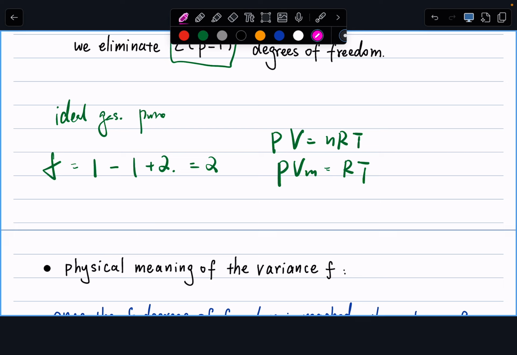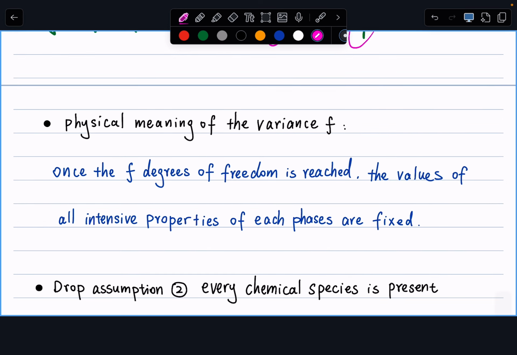So as long as we know, say, P and T, or P and V_m, or V_m and T, we'll be able to tell what the other term is. And also we'll be able to tell other properties, for example, what is the density of my ideal gas? What is my C_P,m, my molar heat capacity of my ideal gas, right? So these terms will be defined if we define 2 different intensive properties. So that's what the degrees of freedom or the variance mean, and why we care about it.